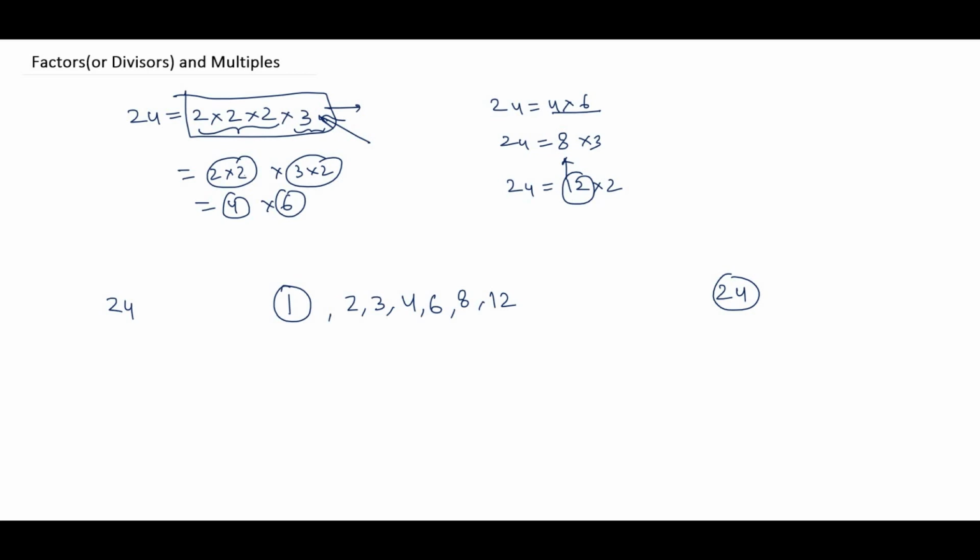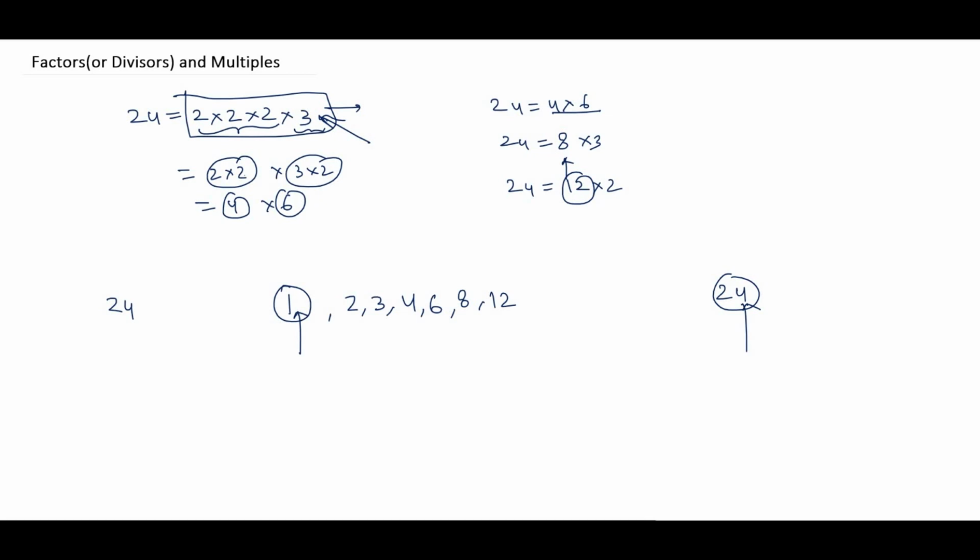These are the different factors of 24, right? Always take the starting point as 1 and the ending point as the number. So we have 1, 2, 3, 4, 5, 6, 7 and 8 factors of 24, right?